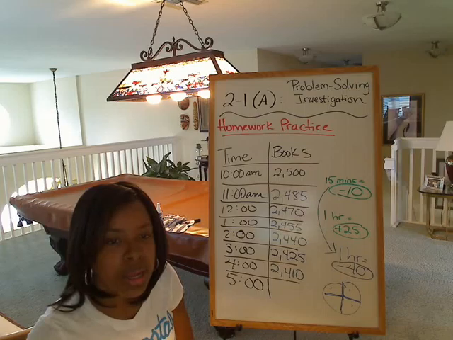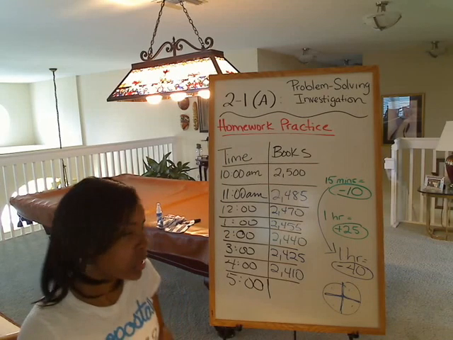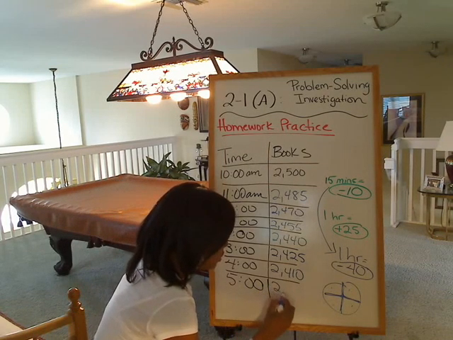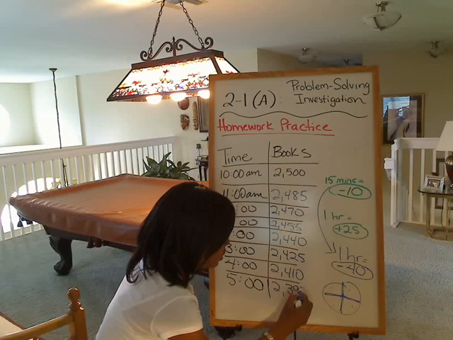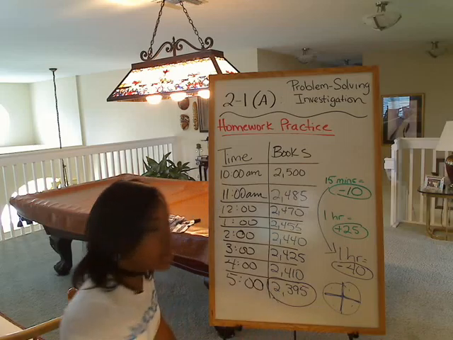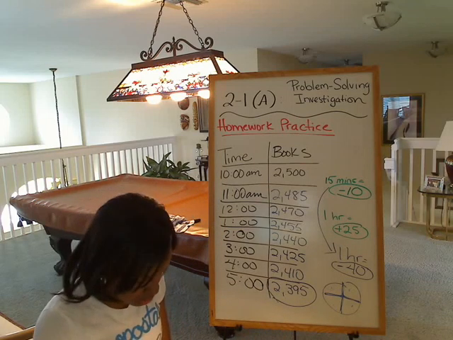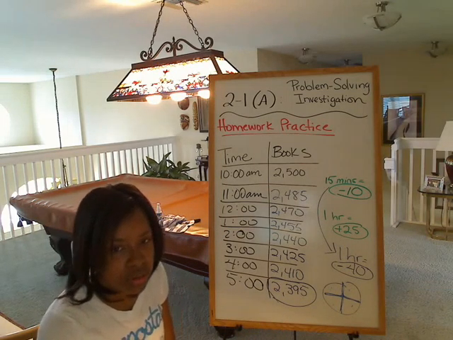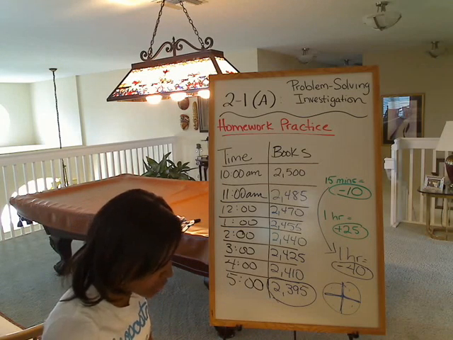And then I'm going to add 25, take away 40. And I get 2,395. So at 5 o'clock, I have 2,395 books on the shelf. So that's my final answer.